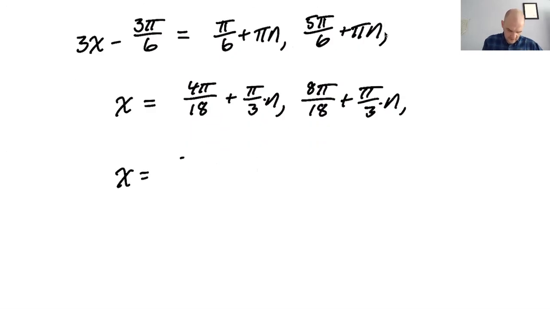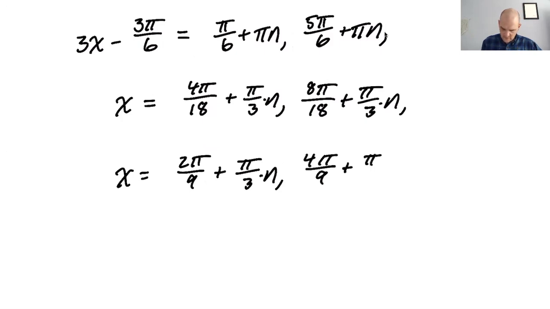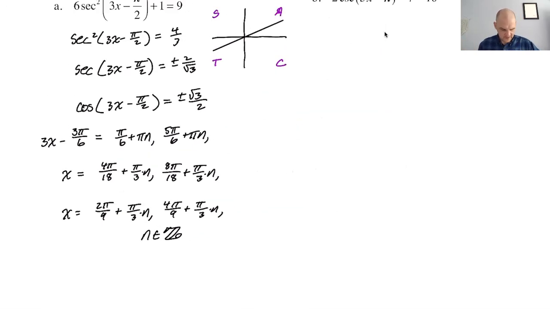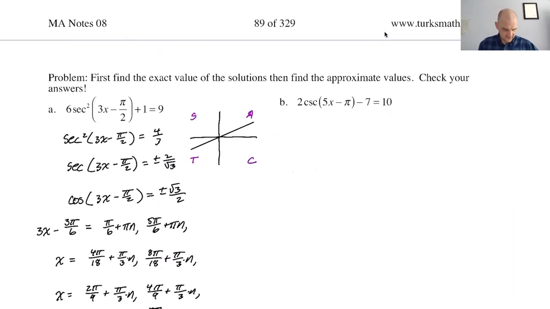So x is going to be 2 pi over 9 plus pi over 3 times n, and also 4 pi over 9 plus pi over 3 times n. So I think it's better to have 4 answers here. So it's weird, right? I'm doing it this way, but I'm saying I think it'd be better to do it the other way. I'm a hypocrite. I'm not going to go back and fix that. I'm just going to live with that.